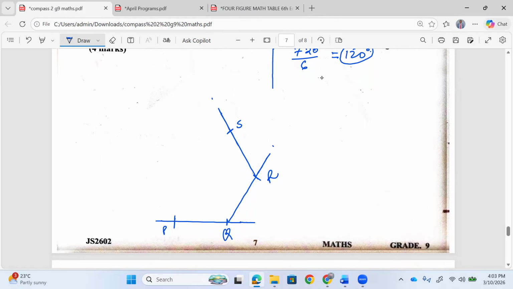Moving from P, you measure 120. You produce the line. Then along this line, measure your 3 centimeters. You continue with this trend.